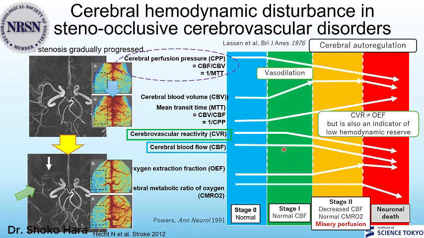CVR starts to decline in the early phase of autoregulatory vasodilation, even while OEF remains within normal ranges. However, when both CBF and CVR are reduced, it is likely that OEF is also elevated, indicating that the brain is at risk of neuronal injury or ischemic stroke.